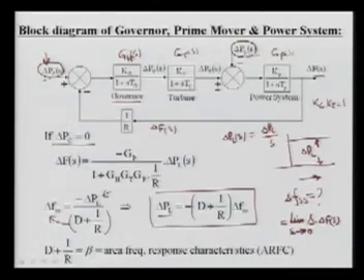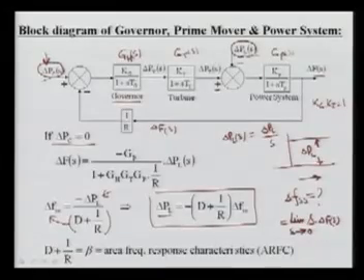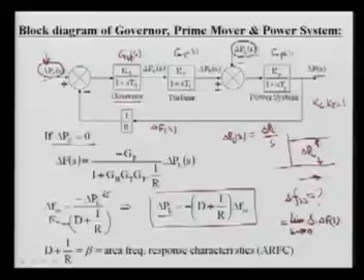Now suppose you are changing 1 megawatt, we will see one example. If you change 1 megawatt here, we get the change in the steady state frequency, but that steady state frequency change will be multiplied by D and 1 over R, meaning that load is met by two components.